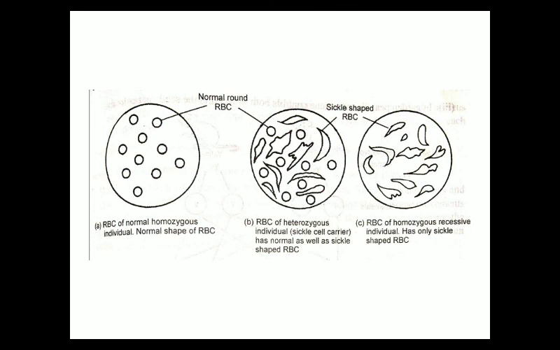Why will they be resistant? Because the malarial parasite is not able to survive in that sickle shape RBC. So such a person shows immunity against malaria. But if any person has normal RBC, that is biconcave disc-like shape, then they may be susceptible and may suffer from malaria disease. So this is an example of pleiotropy.